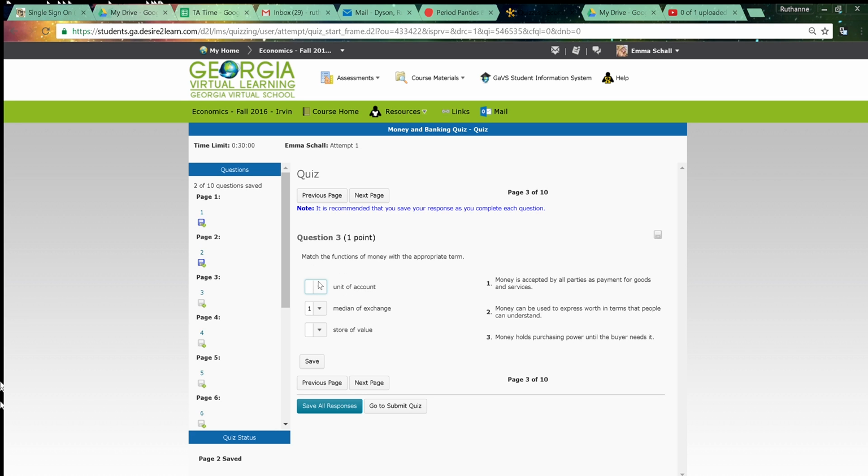So basically, it has a standard value, and we can use it to account for value. Then money holds purchasing power until the buyer needs it: store of value. So basically, I can hold on to my $10 bill for as long as I need to until I actually need to buy something with it. And when I do, it's still going to be a $10 bill. Now, inflation will affect whether or not that $10 bill can buy me as much, depending on how long I hold on to it for.